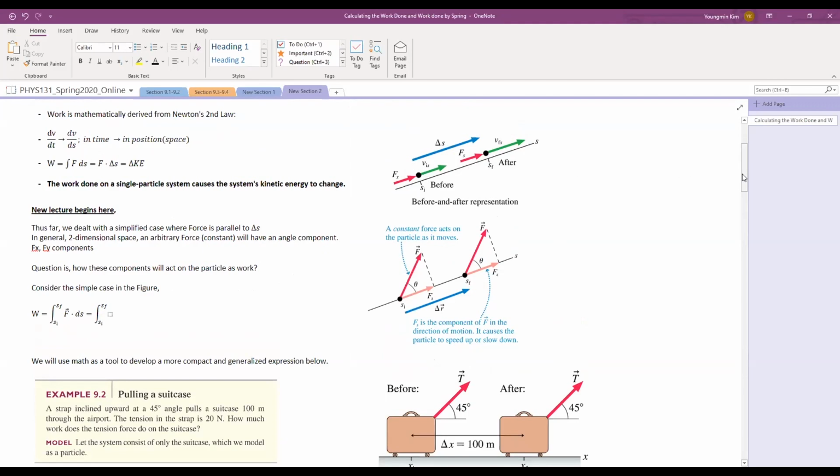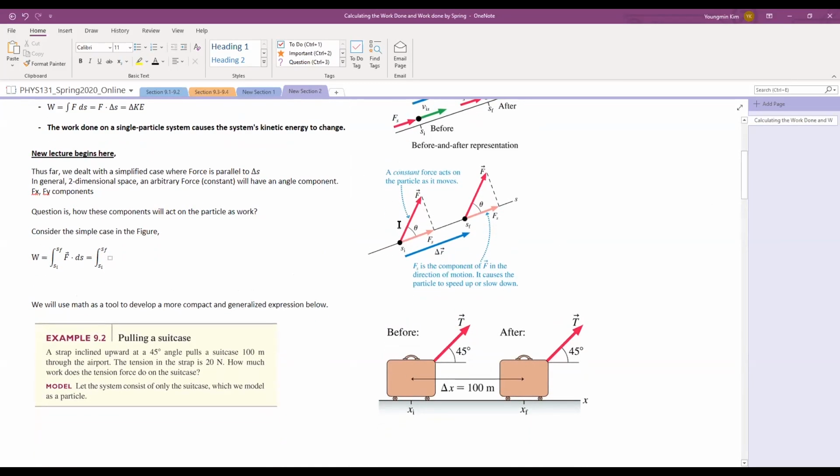Now, in this case over here, that force and the displacement could have a different angle. And here in this case, we define the direction of the displacement as the original axis, and then the force acting on this particle could be deviating with a certain angle, theta.